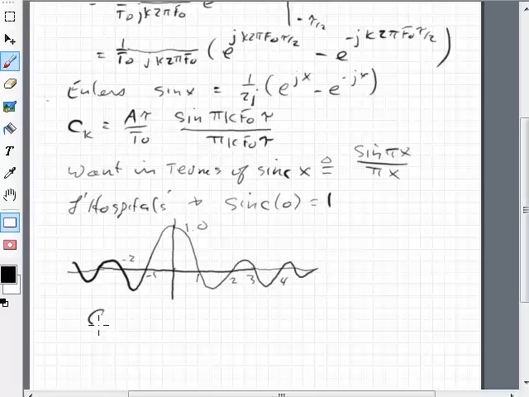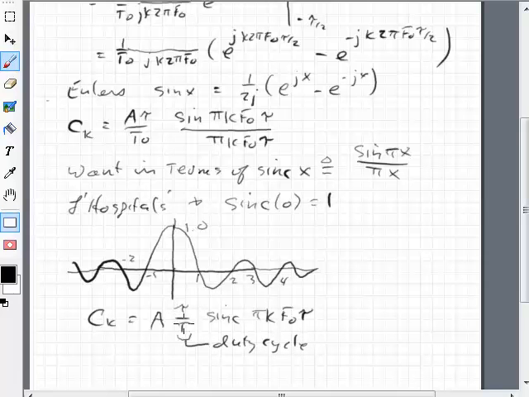And so using that, we can write ck, the Fourier coefficients, as a tau over T sinc of pi k f naught tau. We note that this is the duty cycle.